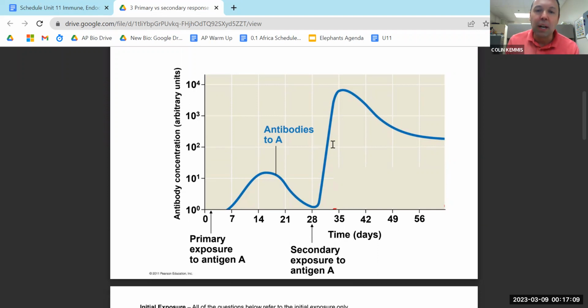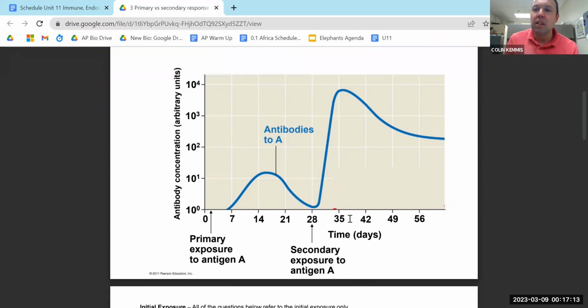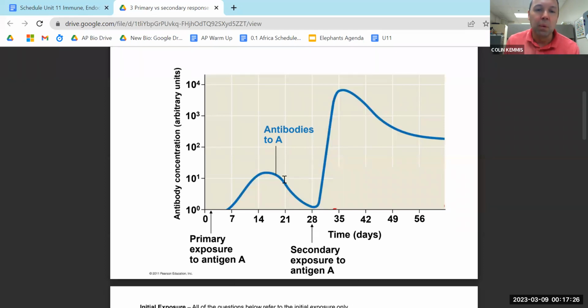It will really kick up antibody production, and it's several orders of magnitude higher, 2 or 3 orders of magnitude higher, and it's more rapid too. Look, it only takes a couple days to kick up this high. It takes 1 day to kick up to this high, which was the original response.